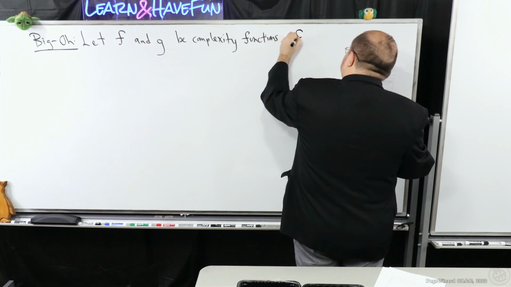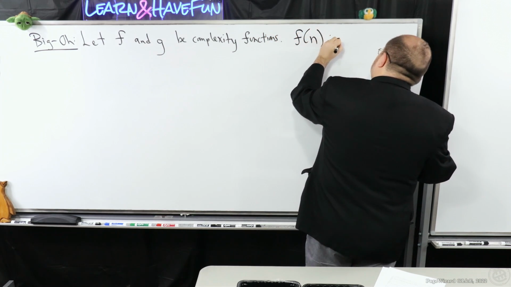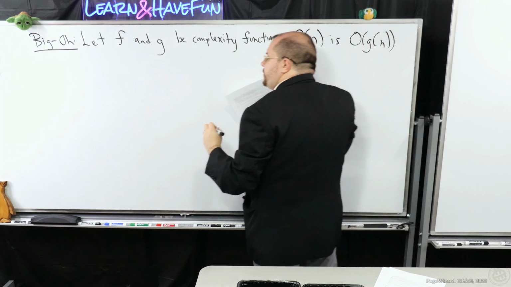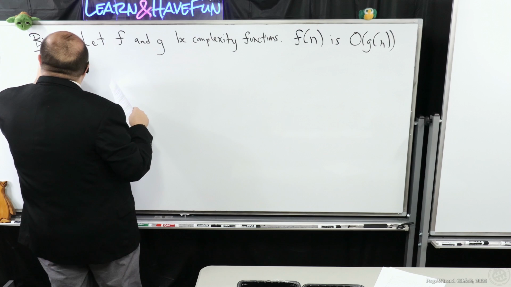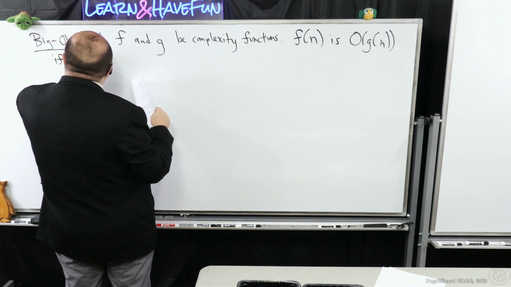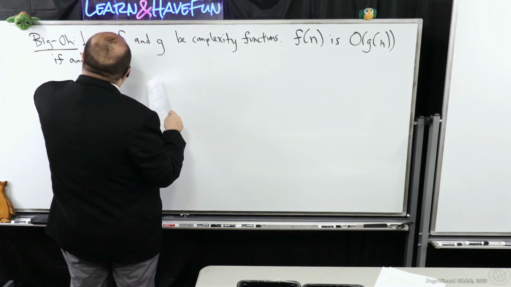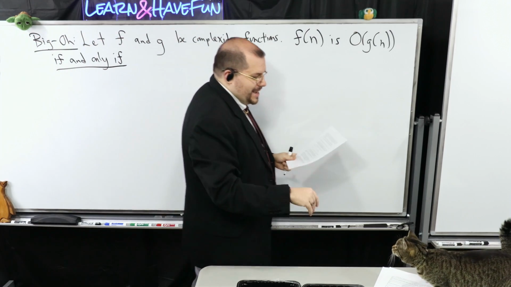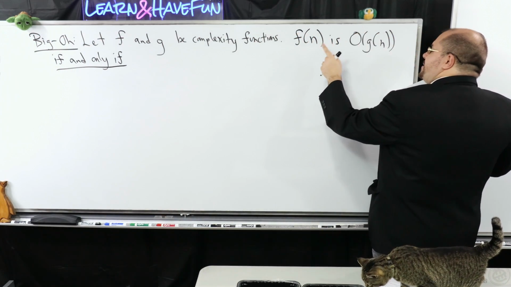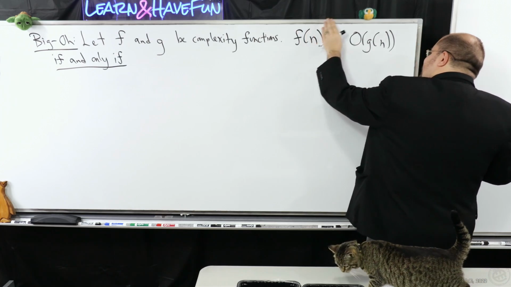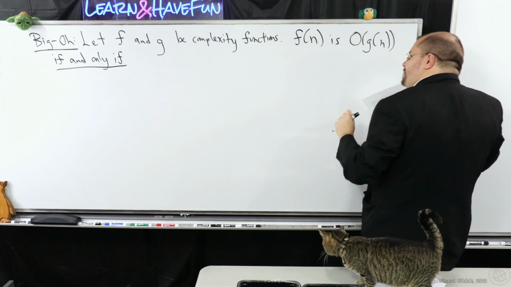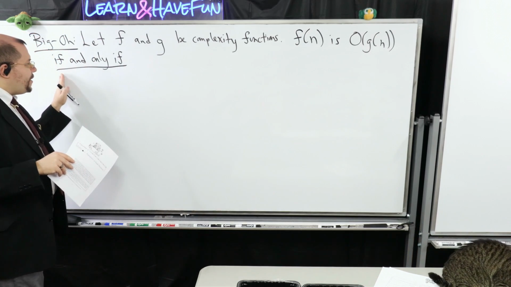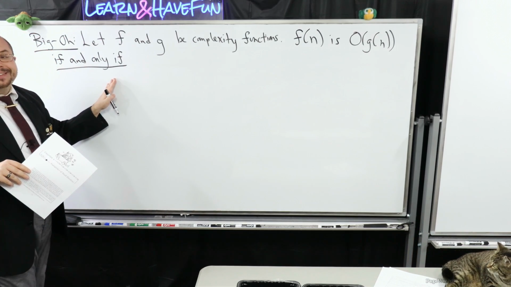So we write f is big O of g if and only if the following is the case. For those that aren't familiar with this if and only if phrase, what it's saying is that if I say something like f is big O of g, then whatever follows is equivalent to me saying that.